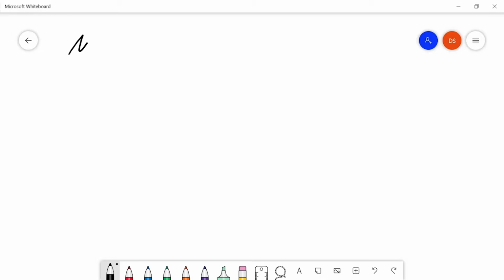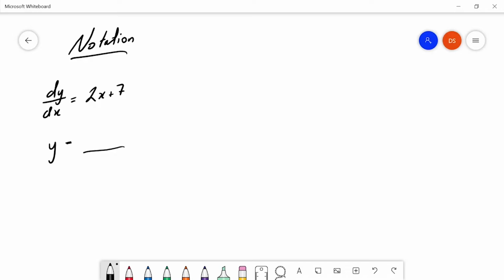So, before I do definite integrals, let's quickly talk about some notation that we can use in integration. First off, if I have dy by dx is equal to 2x plus 7, we might want to formalize a way of saying y equals something before we actually do the integration.